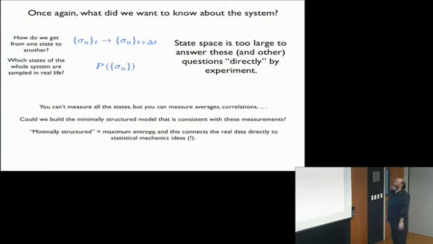So the question you might ask is, if your experimentalist friends tell you that there's some set of these that they can measure reliably, what can you say about this probability distribution? And the answer, of course, is, in some rigorous sense, nothing. Because if you measure any finite set of these that doesn't actually determine 2 to the n things, then there's an infinite number of these distributions that are consistent with it.